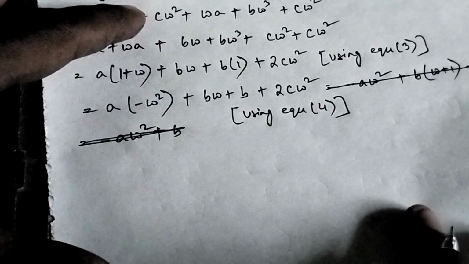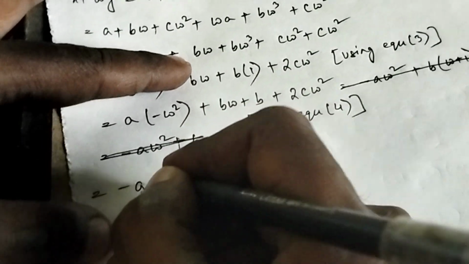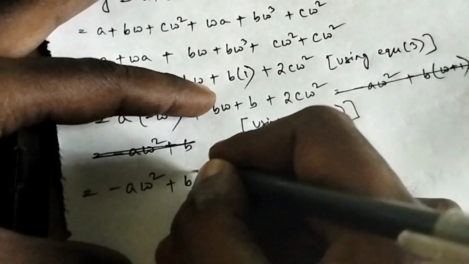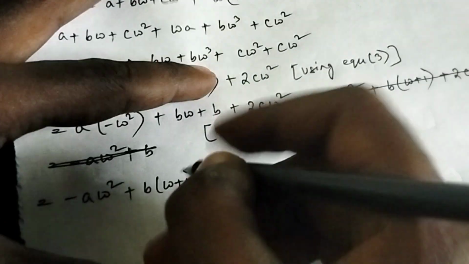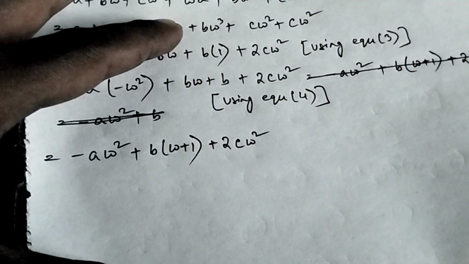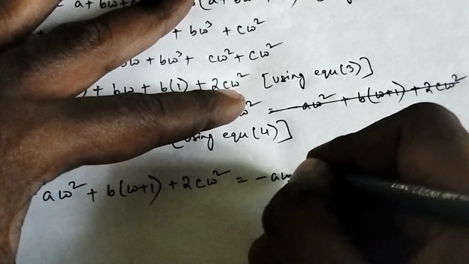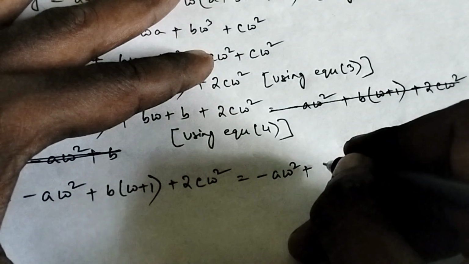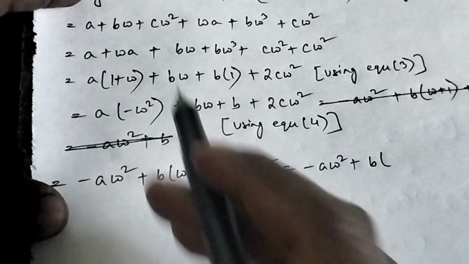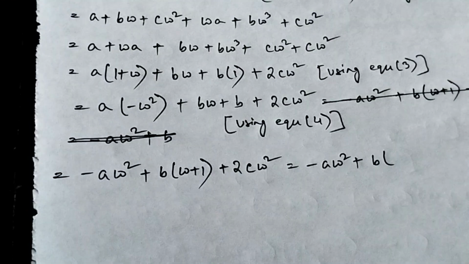Now in the next line you will write minus a omega square plus b into omega plus 1 plus 2c omega square. Again, minus a omega square plus b into minus omega square, because 1 plus omega is equal to minus omega square, and 1 plus omega is equal to c.